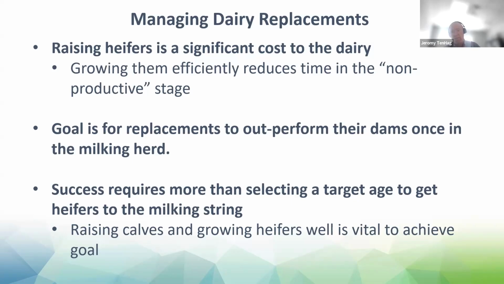If that is how you're managing today, or that's how your clients are managing their replacements today, I think there's an opportunity to discuss further, because if raising calves and growing heifers isn't done very well, just picking an age and getting them into the milking string isn't going to be very successful. I think all of us have witnessed this in a herd or two.